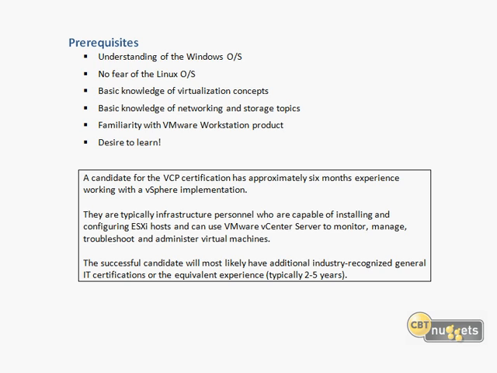In vSphere version 4 and 4.1, and particularly now in vSphere version 5, the number of things that make you resort back to the old Linux OS, the Linux command line UI, is getting less and less. In fact, in version 5, there is no ESX anymore.